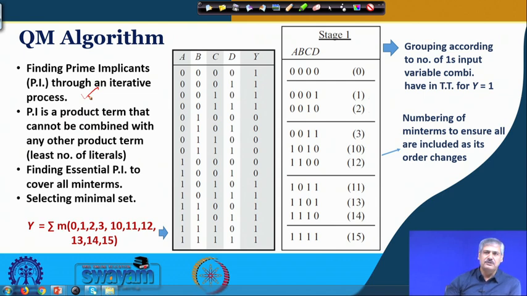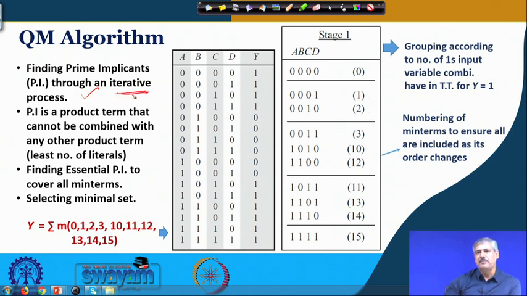Okay. This cannot be further grouped with other product terms, and then from that we find essential prime implicants to cover all the mean terms of a truth table, and then from these findings we get a minimal set to represent the given function. So, these are the different steps, and we take note of that, finding this prime implicant.